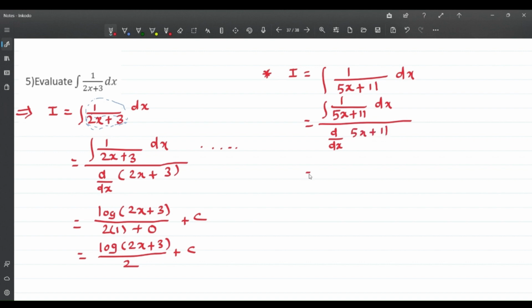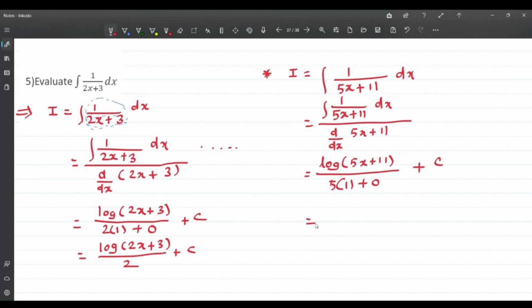Now, just we have seen integration 1 upon x is log x. So 1 upon 5x plus 11 is log 5x plus 11 divide by 5 is constant, derivative of x with respect to x is 1 plus 11. 11 is only constant, there is no term in x, therefore derivative of constant is 0 plus c.